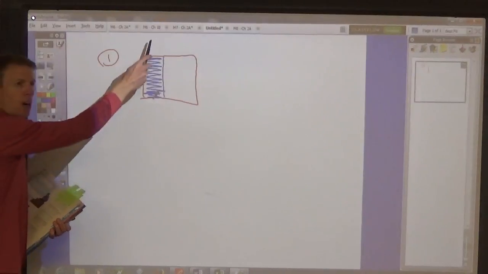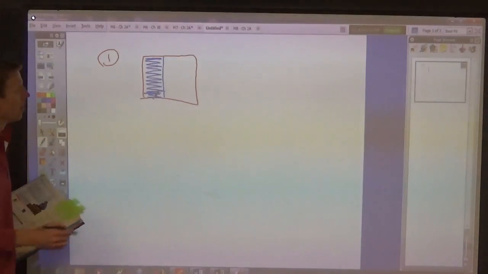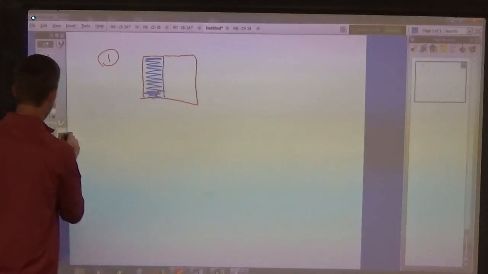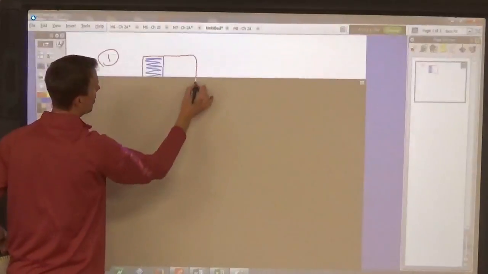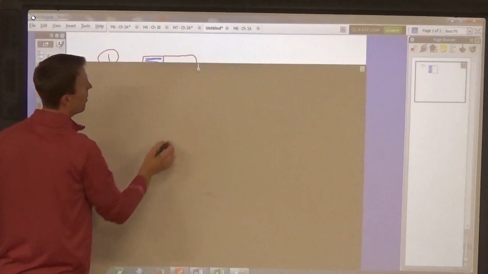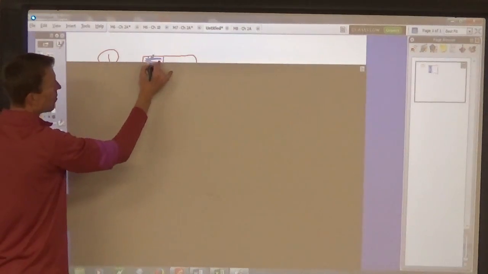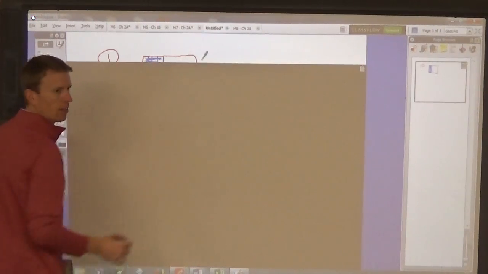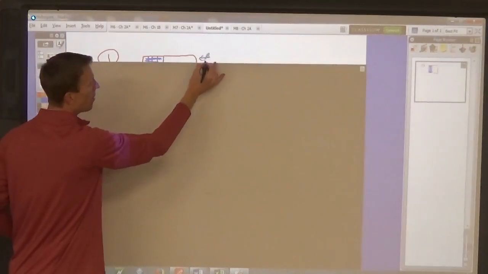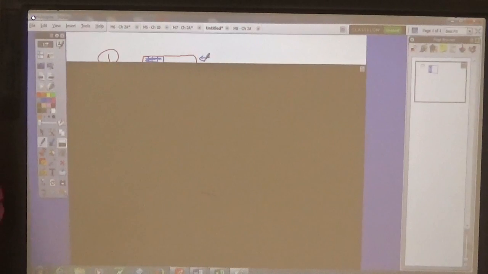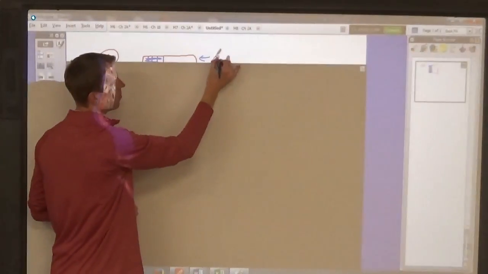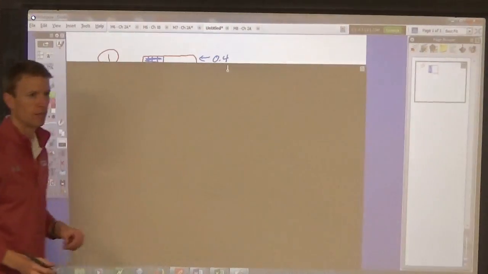Okay. So part of it is shaded, and if you covered up this much of it, it's 4 tenths. 1, 2, 3, 4 out of 10. So when you look at it this way, and if you covered it up like that, you could read this as 4/10, 0.4.